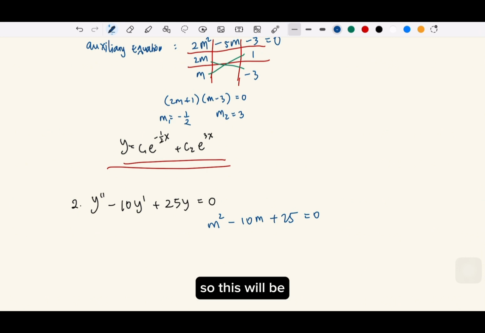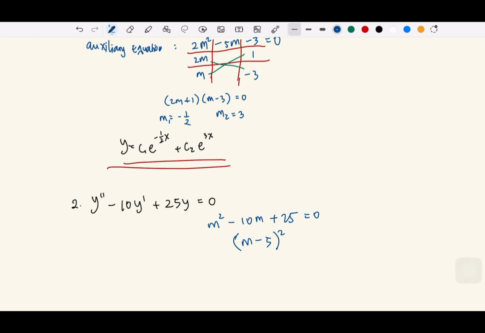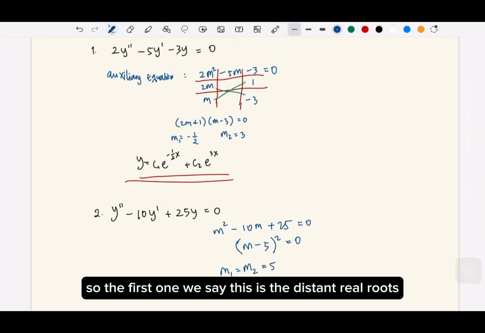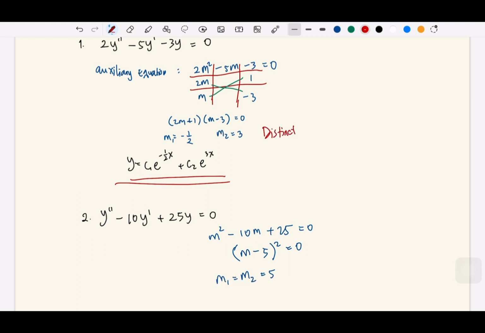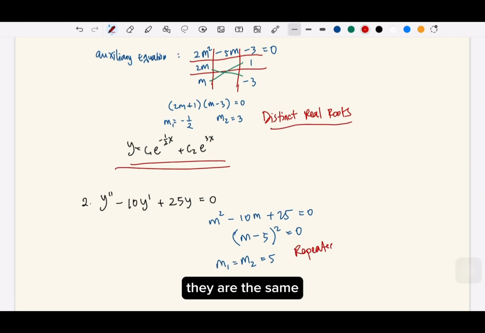We can factorize directly, right? m minus 5 squared. So we have m1 equal m2 equal 5. The first example was the distinct real roots. The second one is the repeated real root, because they are the same.